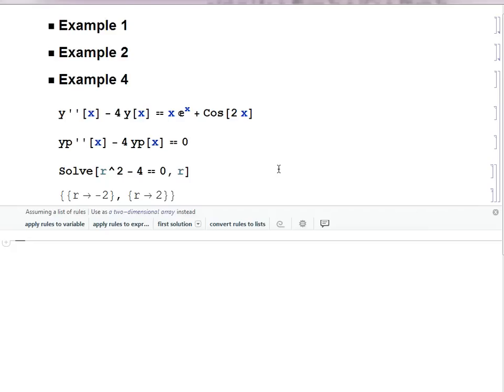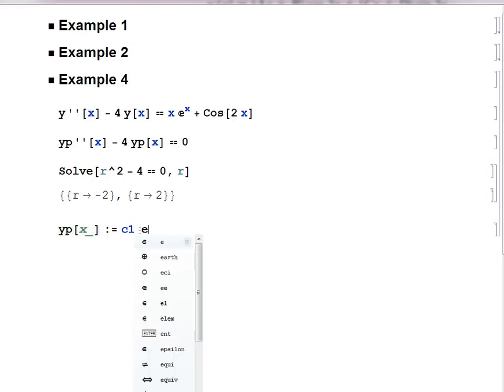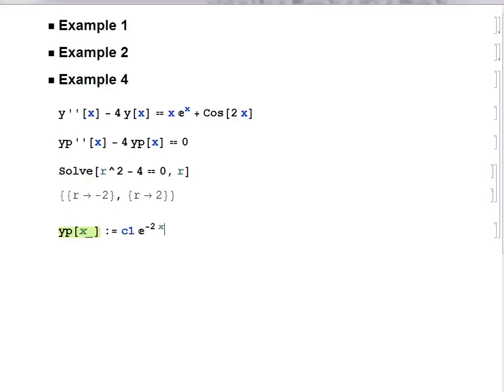So we're going to have for yc, we'll redefine it to be C1 e to the minus 2x plus C2 e to the 2x.